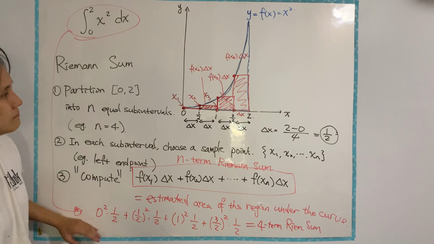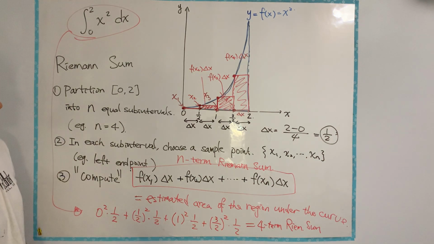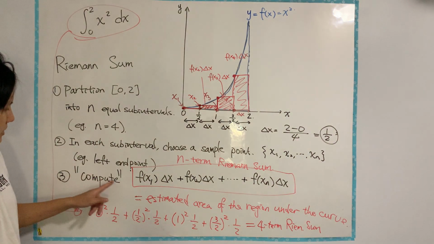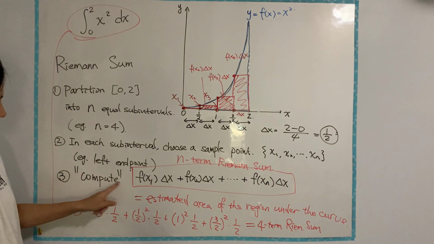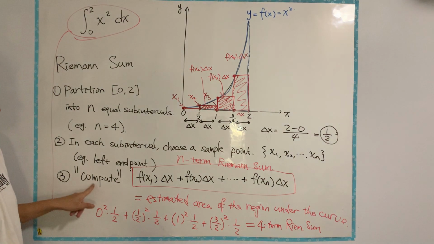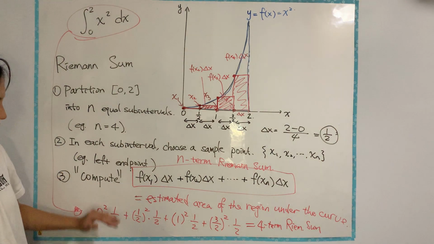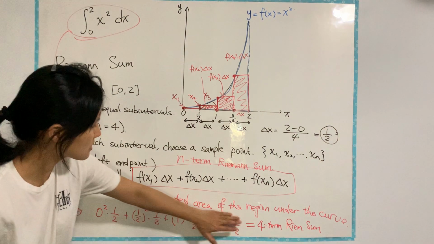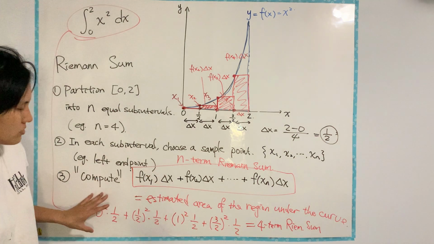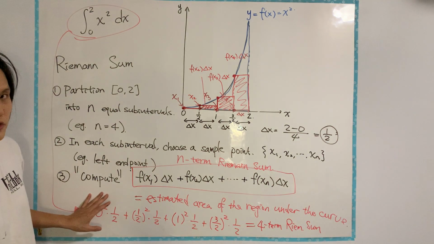Okay? And by the way, there's a reason why I say quote unquote compute: you won't evaluate, you just need to know the structure of the formula. Okay, so this is it. You don't have to do anything further.